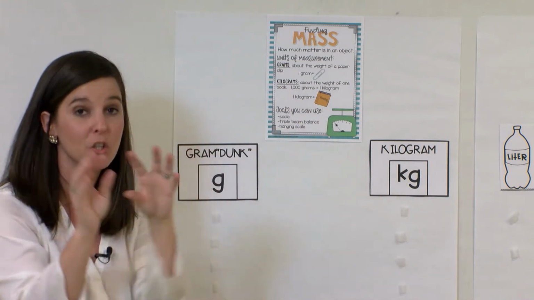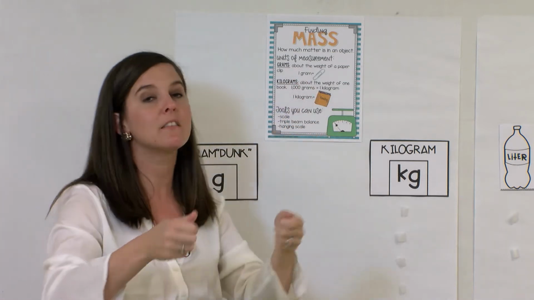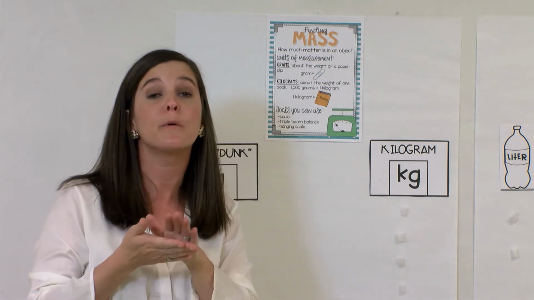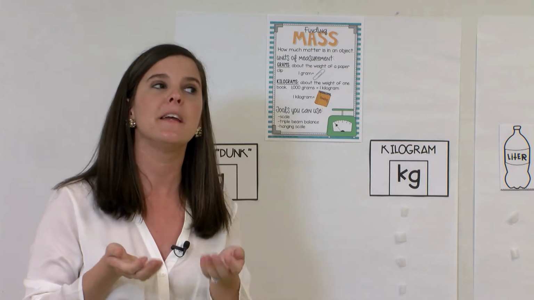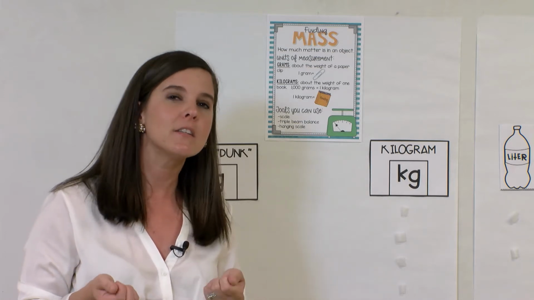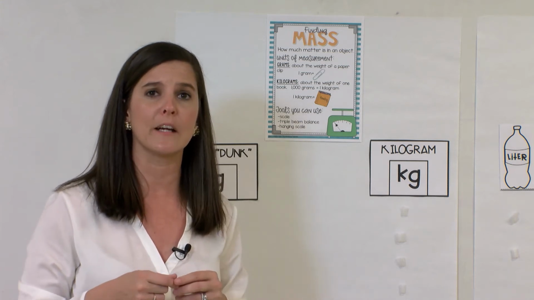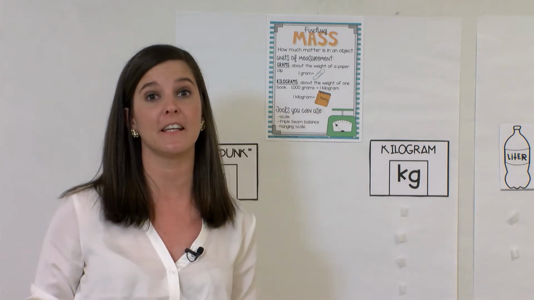And then for a kilogram, I want you to now picture holding your math textbook from school, your little workbook that you have, or maybe your reading textbook if you use those. Picture holding that. Now, how does that feel? Is that lighter or heavier than the gram? Okay, it's heavier, right? It's significantly heavier.